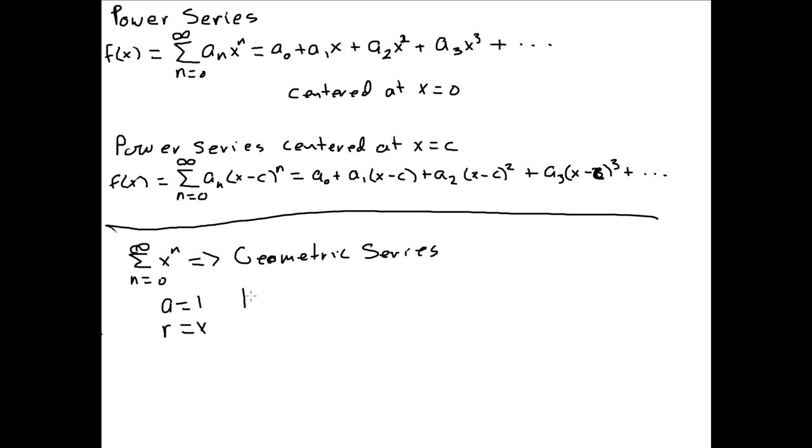And it does have the characteristic that the absolute value of x has to be less than 1. What that tells us is that x has to be between negative 1 and 1, just by the definition of absolute value. But really what that tells us by looking at the graph is that's where the series converges.